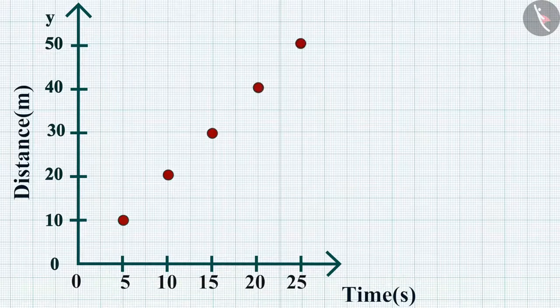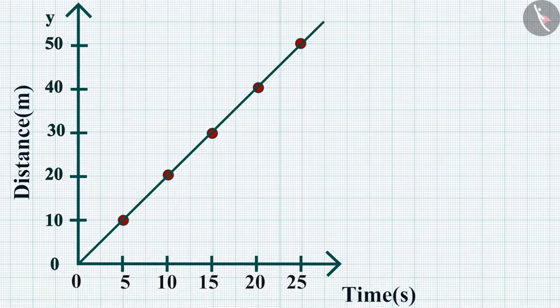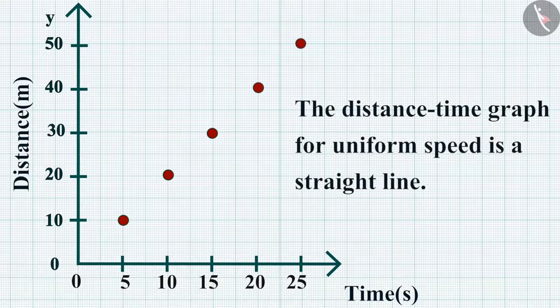Mark the points on the graph. If you join these points, you can see a straight line passing through the origin. Thus, for uniform speed, a graph of distance travelled against time is a straight line.